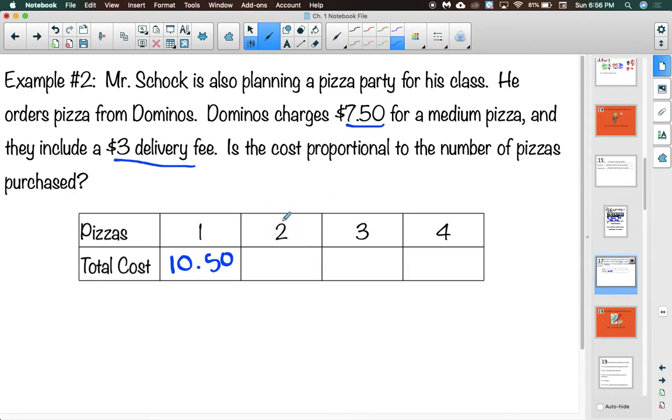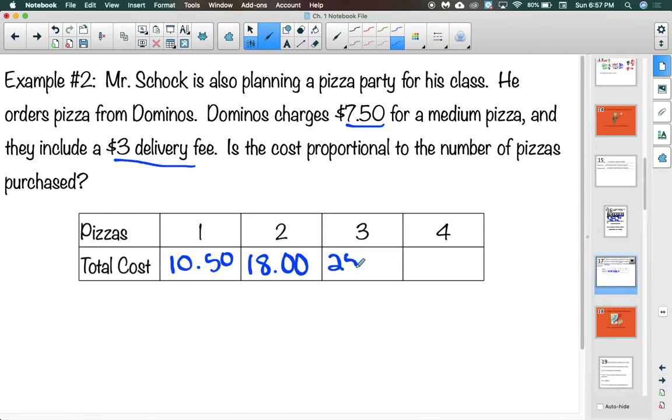If we buy 2 pizzas, we're going to pay the cost of 2 pizzas plus the $3 delivery fee. So $7.50 plus $7.50 is $15 plus $3 delivery fee is $18. Notice that delivery fee is not added for each pizza. It's only added 1 time because they're determining that's the cost of taking the pizza to your house. 3 pizzas would be $22.50 plus a $3 fee.